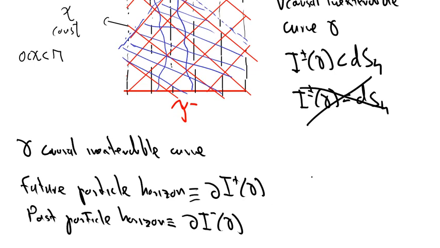And so in de Sitter, this is always different from the empty set for any curve. This was not true in the case of Minkowski. Remember that there were curves such that these sets were empty sets.